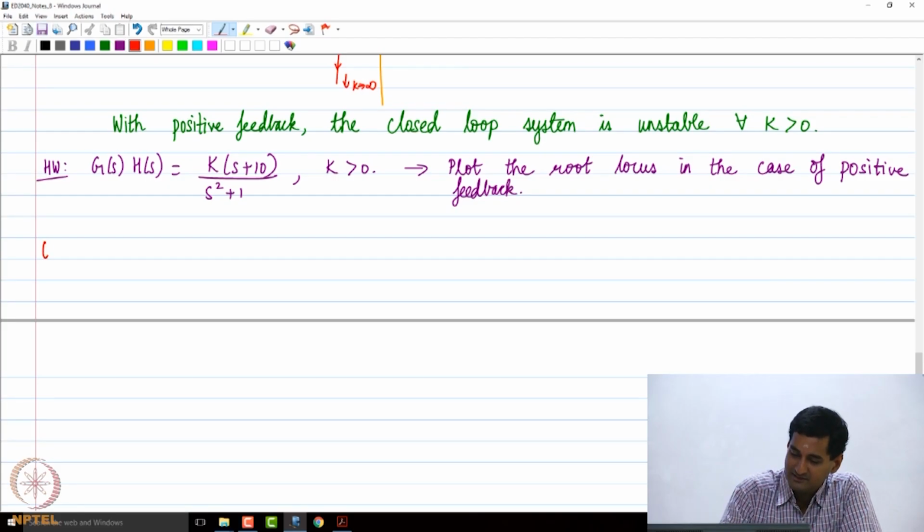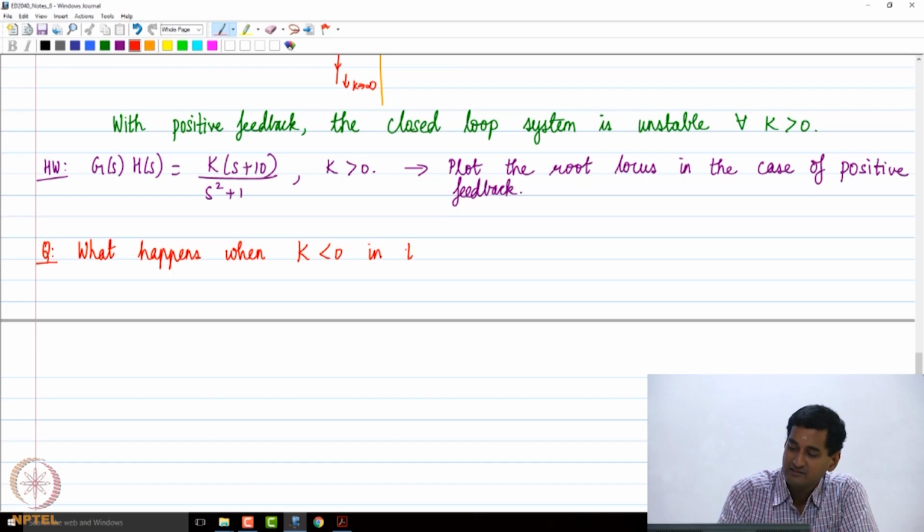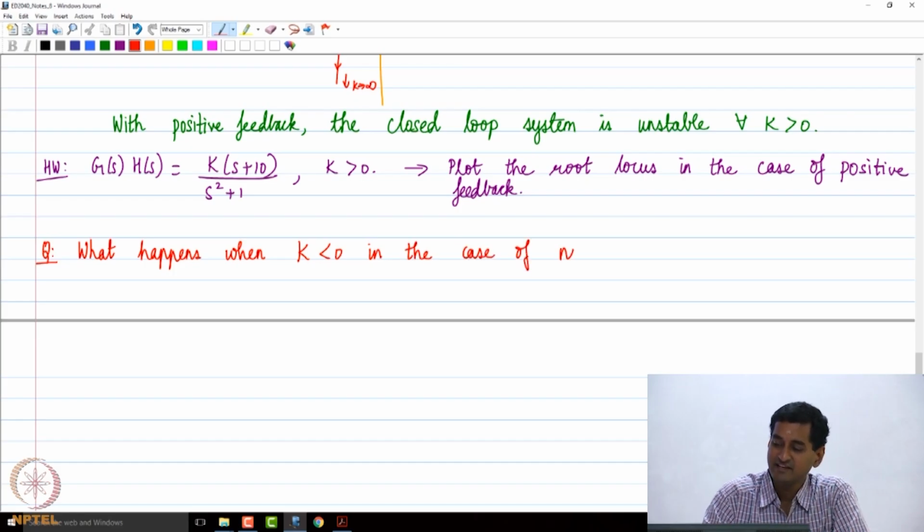So that's something which we are going to ask ourselves now. The question that we need to ask is what happens when K is negative, let's say first we consider negative feedback.